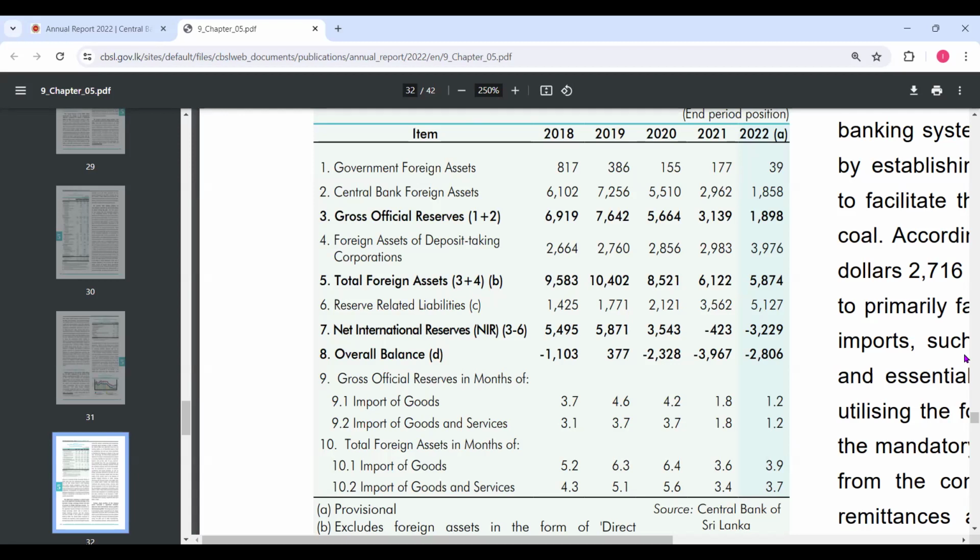Okay. So we take the net reserve asset position, the closing balance, meaning the end of 2022, which is minus 3,299.